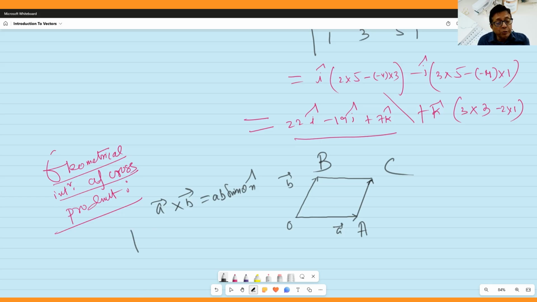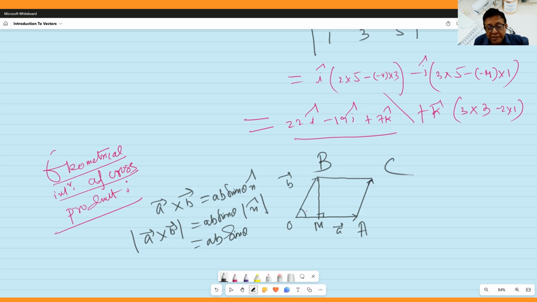Now, if you take mod of two sides, what do you get? AB sin theta mod n cap, that is AB sin theta only. Draw a perpendicular here from B to M, and this angle is theta. So, area of parallelogram is what here in this diagram? Area of OACB. You know, OA into MB.